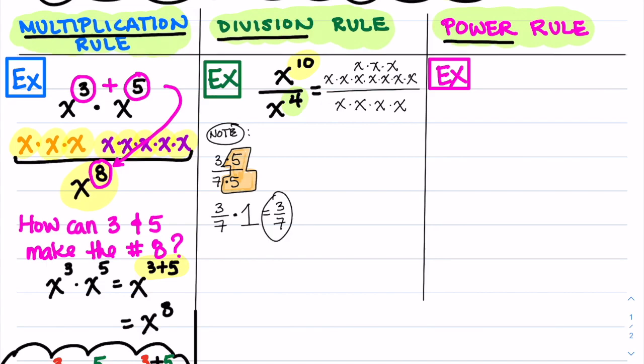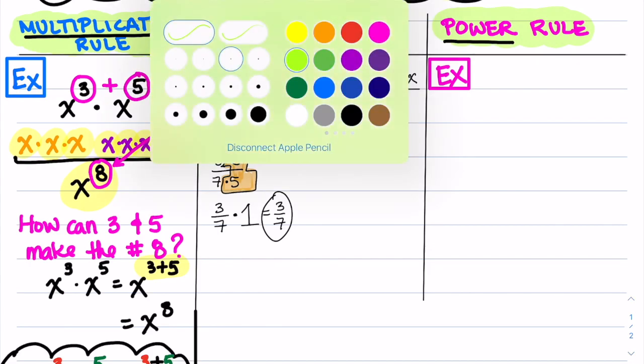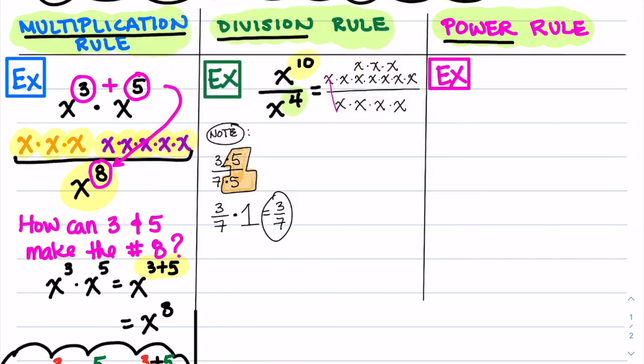Now here in this example, we have letters, not numbers, but if we just imagine the letter takes the space of a number, we could do something very similar. So I'm going to go ahead and highlight the pairs. So I have one pair, that's one pair.